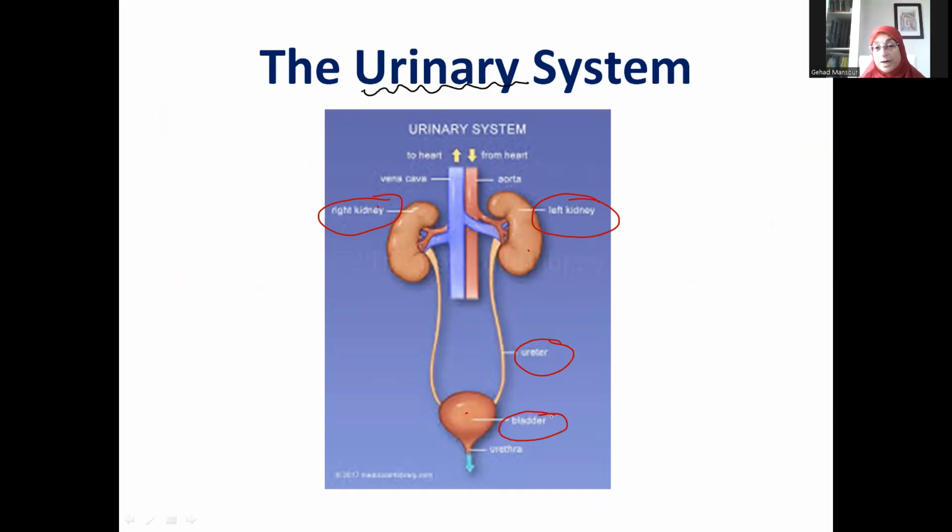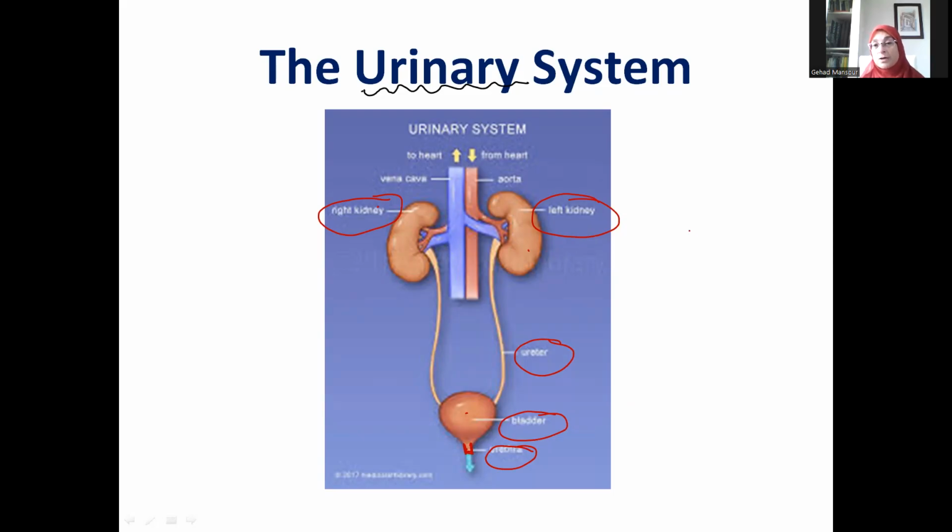And then we have the urinary bladder, which helps storage of urine until urination occurs, and the urethra is that muscular, short, small duct that contracts and relaxes, either to retain urine inside the urinary bladder or to release it. And of course, all these functions will be discussed in detail on the following slides.